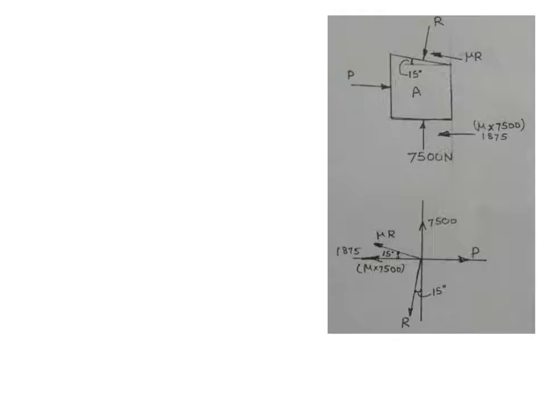P is the force on the wedge, which we have to find out. R is the normal reaction that is coming on the wedge due to the block. 1875 is the frictional force that is coming from the ground. Mu R is the frictional force between the wedge surface and the block surface.